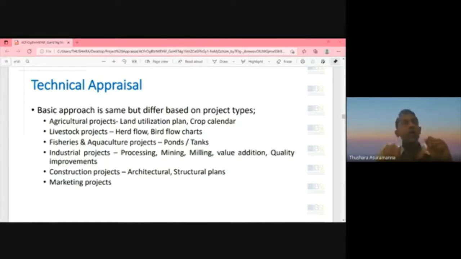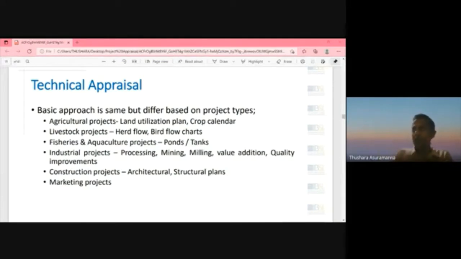That's why banks sometimes hire people with different disciplines into the project officer grade. It could be agricultural graduates, engineering graduates, marketing graduates, right? Because they need to undertake different projects.